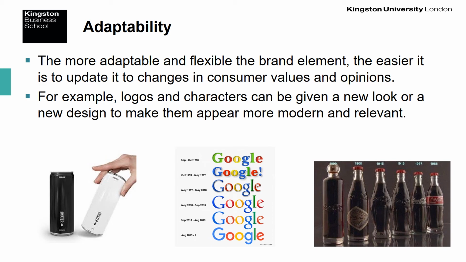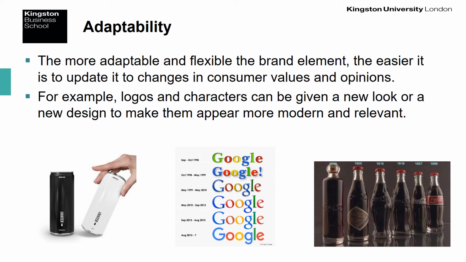So if we don't find it very easy to update, to change, to adapt our brand elements, they are likely to become out of date. They're likely to lose favour with consumers, with business-to-business buyers, as the social and cultural market changes, the environment changes, values change, etc.